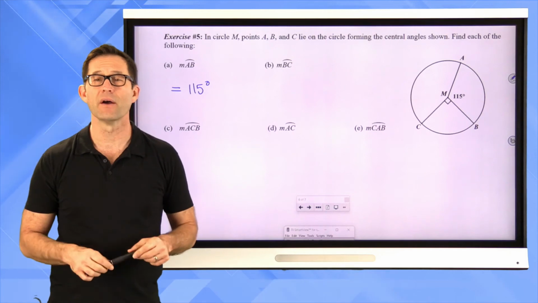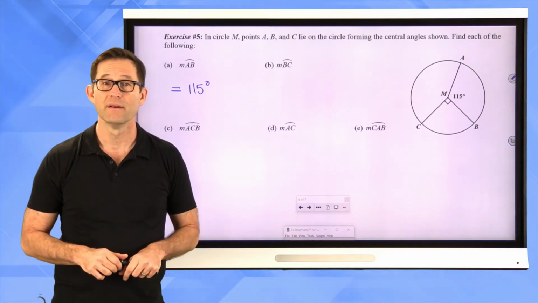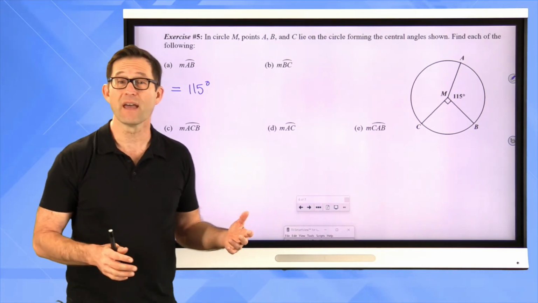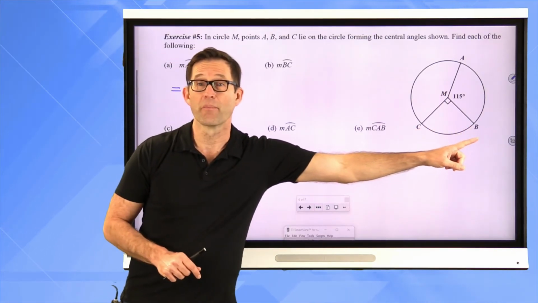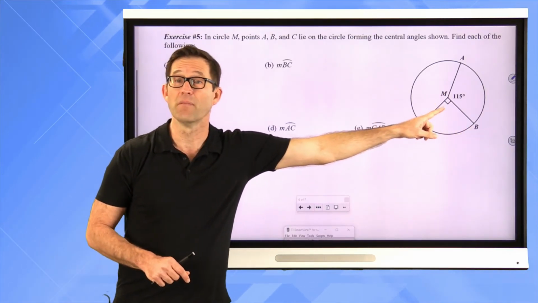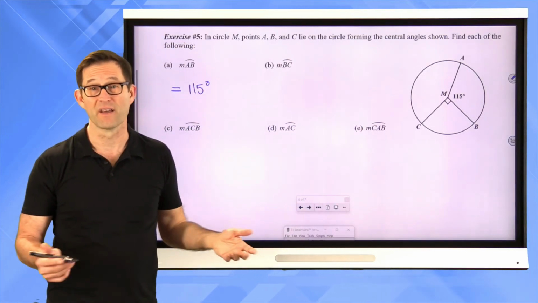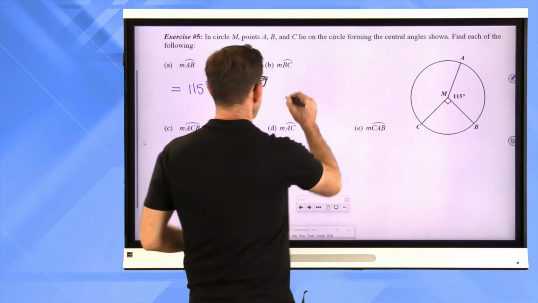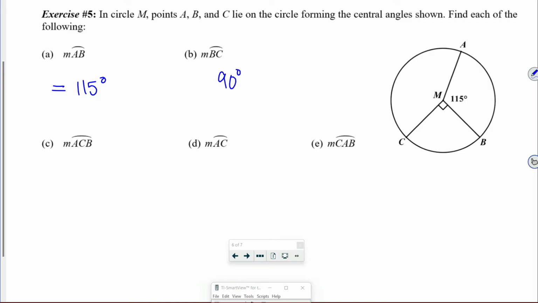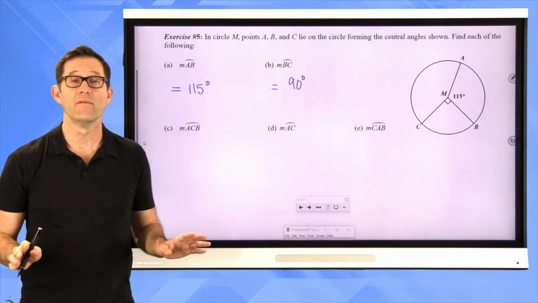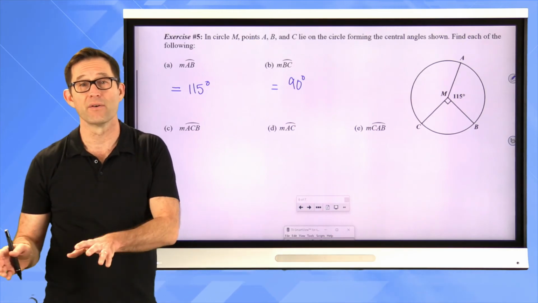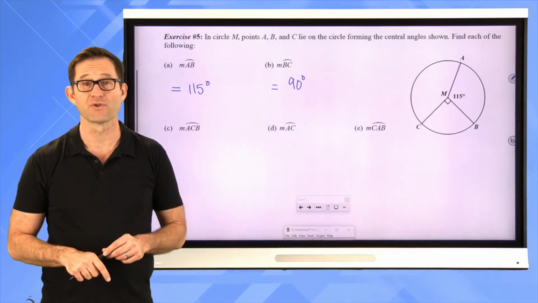Now let's take a look at the measure of arc BC. Well, that's exactly the same, right? Because the measure of arc BC is just going to be defined by the central angle that intercepts it, and that is 90 degrees because we've got that 90-degree angle. All right, so those two are literally the very definition of central angles compared to arc measures.